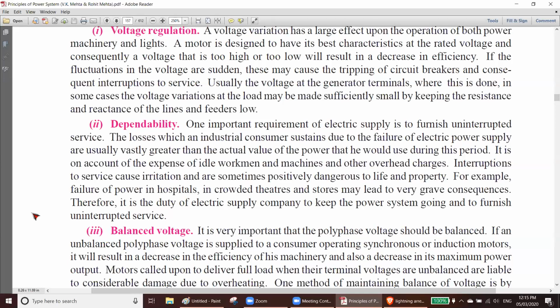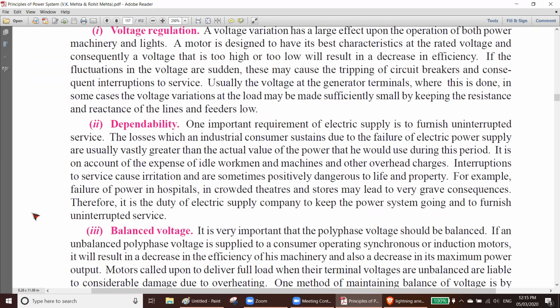Therefore it is the duty of the electric supply company to keep the power system going to furnish uninterrupted service. That means in your hospital you need 100% dependable power supply, right? You cannot have any sort of problem in your hospital. That must be one criterion.